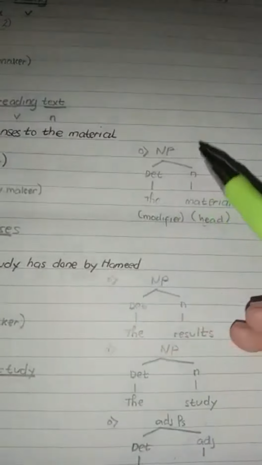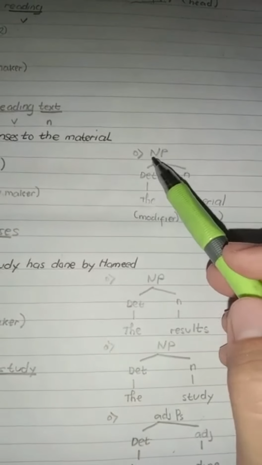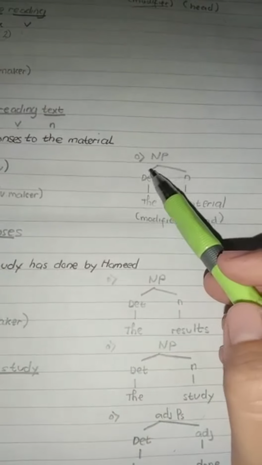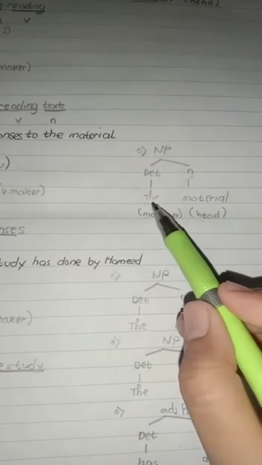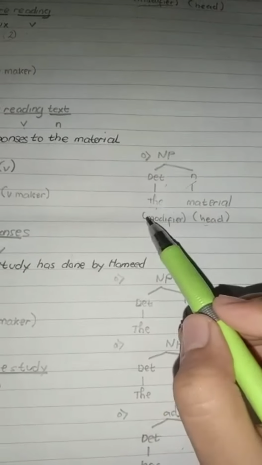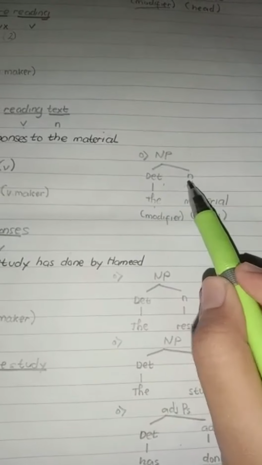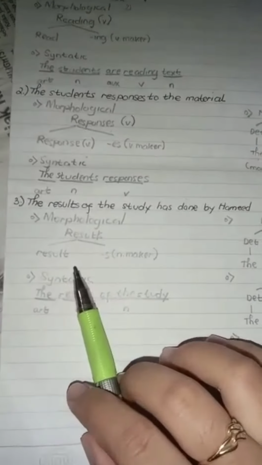And then for the phrasal categories, I found noun phrase, it is included into determiner and also noun. Determiner is the, and then the noun is materials, and materials is the head. Let's continue to the next sentence.